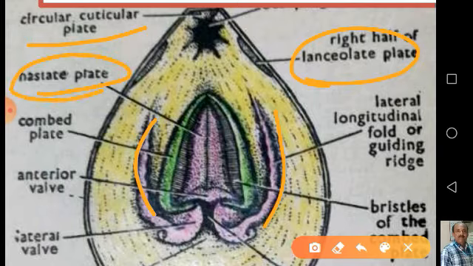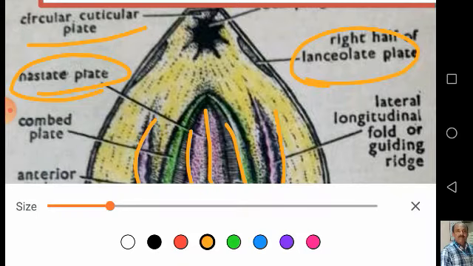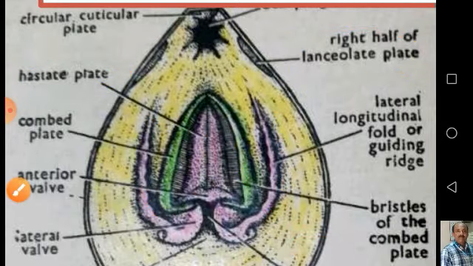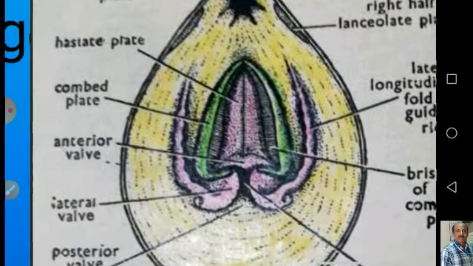It is called the hastate plate because it looks like the head of a spear, and the upper surface of the hastate plate is armed with a thick growth of setae. Then a distinct median ridge is also present, and on either side of the hastate plate there are combed plates.